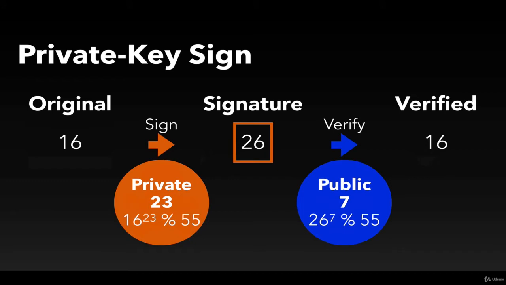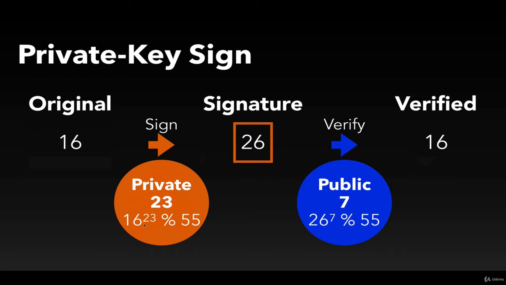We had the opposite of this slide. Our key pair we've been working with is a very simple one, 23 and 7. If we used 7, like we did a couple videos ago, to encrypt, we could use 23 to decrypt, and it worked. We can go the other direction though. Let's say our message is the number 16, a very simple message.